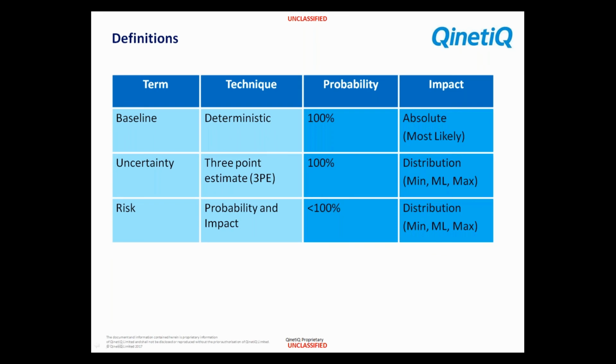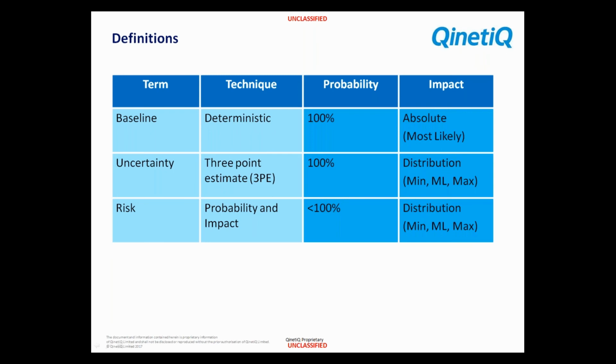But there's a chance that my most direct route is blocked by an accident or there are roadworks and I have to go the long way around to get home. I never planned to go the long way around. Therefore, it's a risk, and the probability is going to be less than 100%. So risks are things which are less than 100%. They are deviations from that baseline plan, and they have an impact.